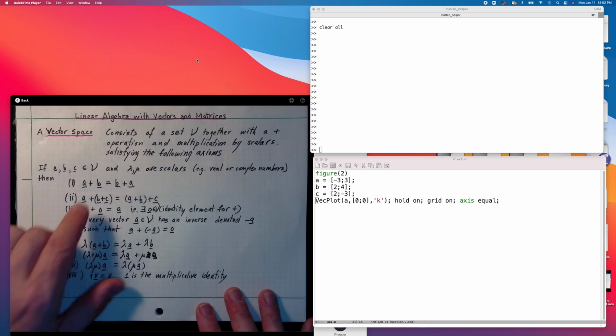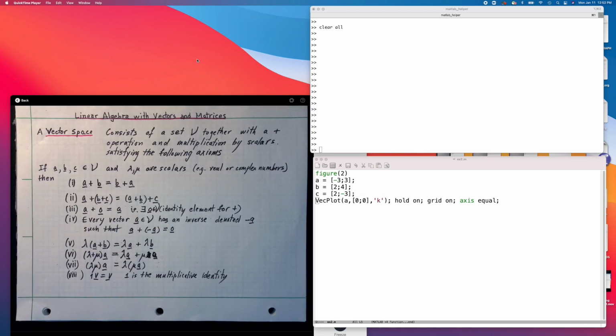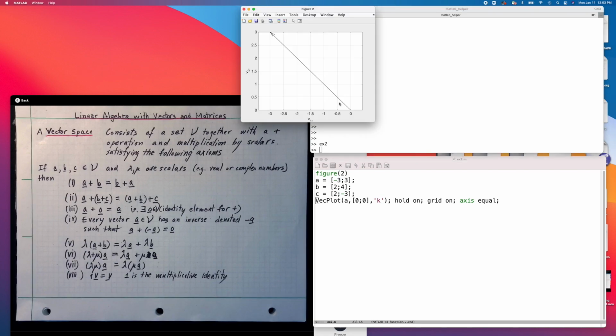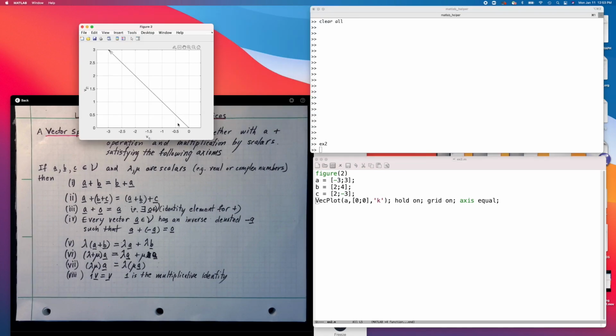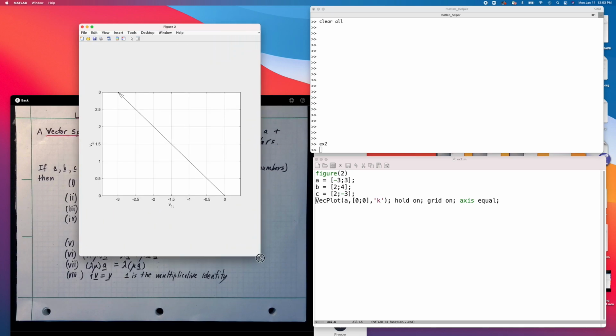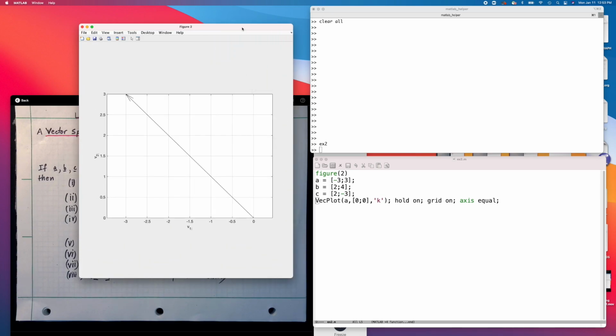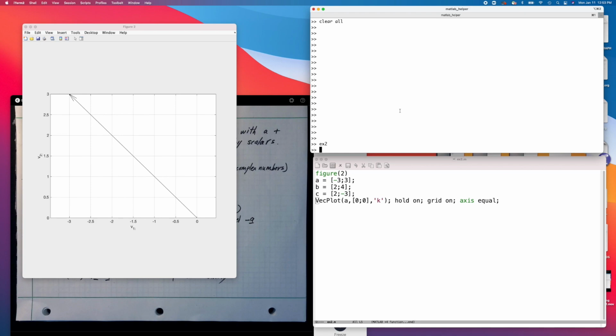We're going to show that it is also true of vectors viewed as arrows in space. To demonstrate this, I've created 3 vectors in this script, A, B, and C. They're all vectors with 2 components, and I will plot them. I'll start by plotting the vector A, and to this I'm going to add the vector B.